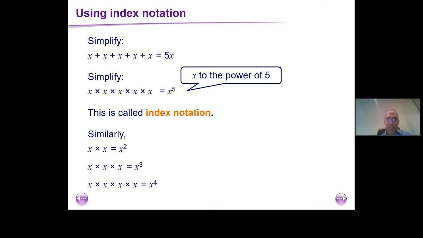So x times x is x squared, x times itself 3 times is x to the power of 3, and x times itself 4 times is x to the power of 4. So when you multiply the letter by itself, the power increases, and it depends on how many times you've multiplied the letter by itself. So in these examples, you've multiplied it by 2, 3, 4, and 5.